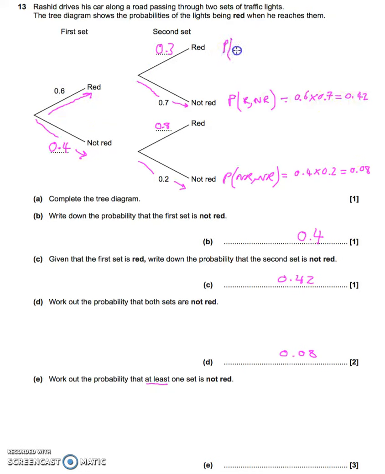So probability of red, red is equal to 0.6 times 0.3, which gives 0.18. And then the probability of not red and then red is equal to 0.4 times 0.8. You can do this working out any way you want, I'm just doing it next to the strands because we've got the space to do it in.